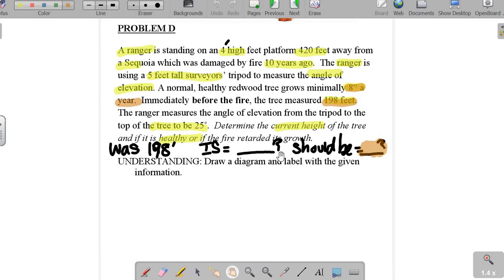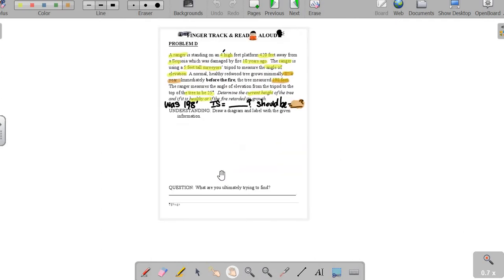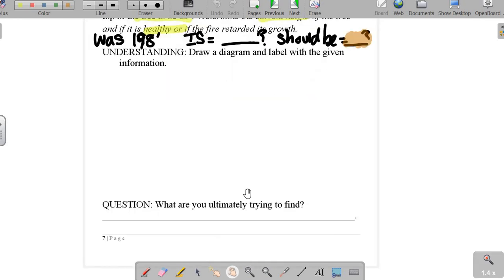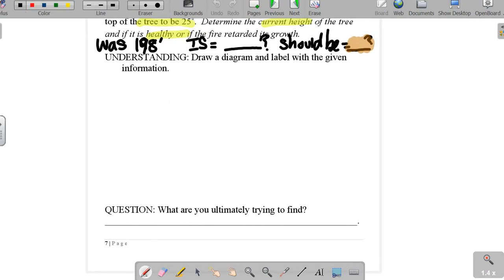See how far you got. Remember, there's 3 heights here. So taking a look here, let's establish a ground line. Then it says that there is a platform. That platform is 4 feet tall.